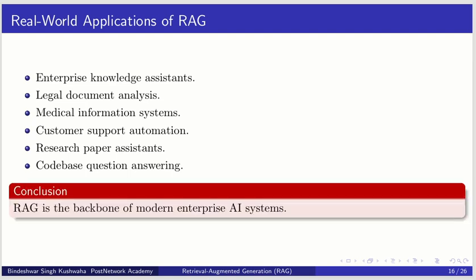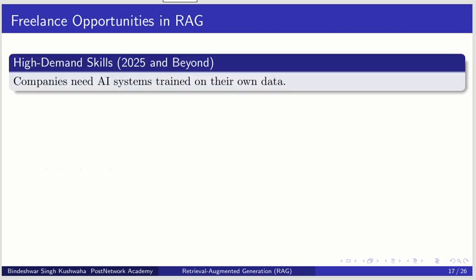So RAG is the backbone of modern enterprise AI systems and also the backbone of agentic AI. If you want to learn agentic AI, you have to go through RAG, Retrieval-Augmented Generation, too. These are high demand skills.